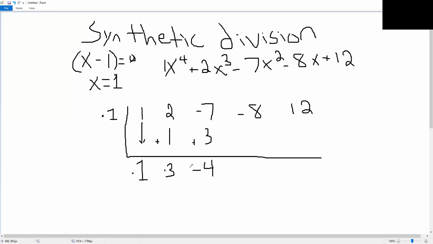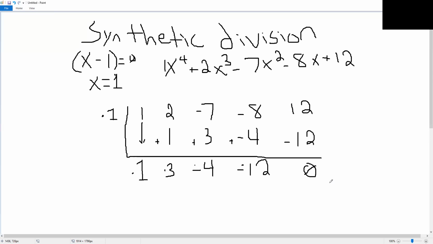And yes, you guessed it, we're going to multiply 1 with -4, and we'll get -4. And then we're going to add. So we're just repeating the process over and over. -8 plus -4 is -12. And now we multiply 1 times -12 and get -12. 12 minus 12 is just 0.